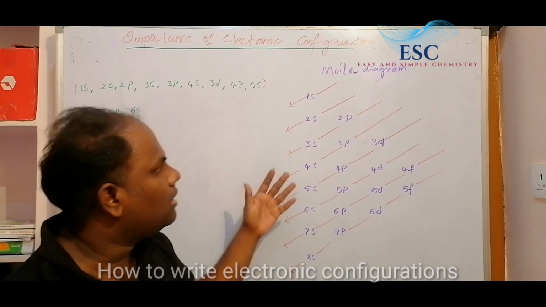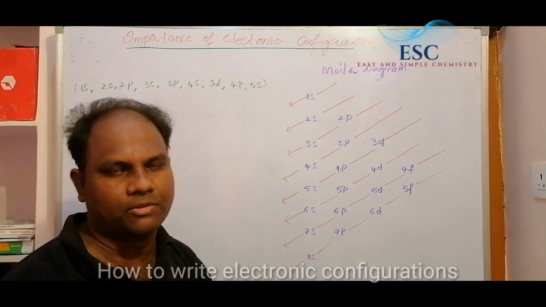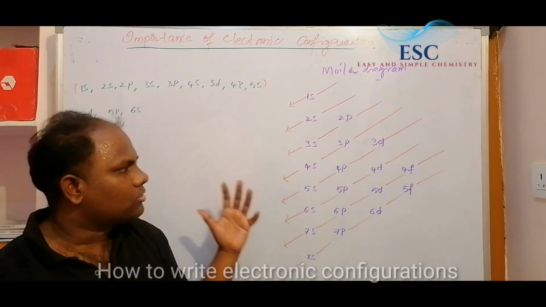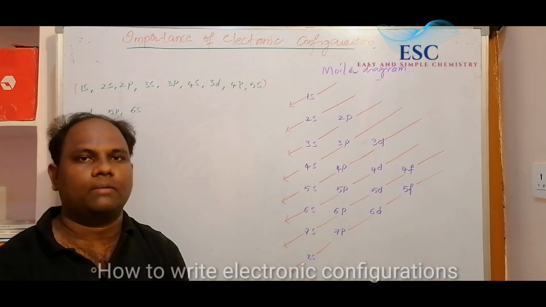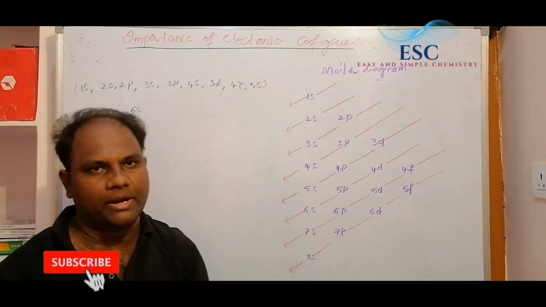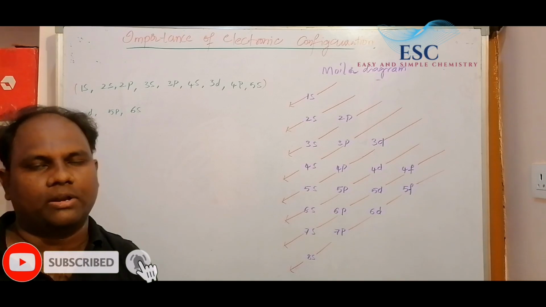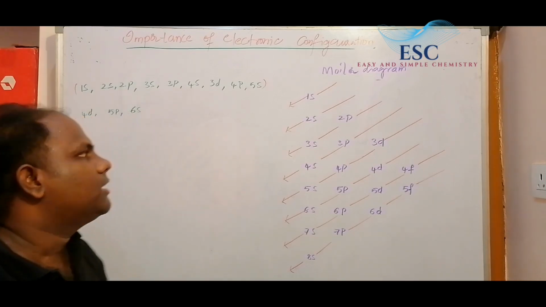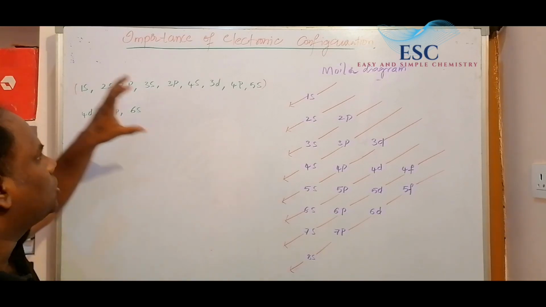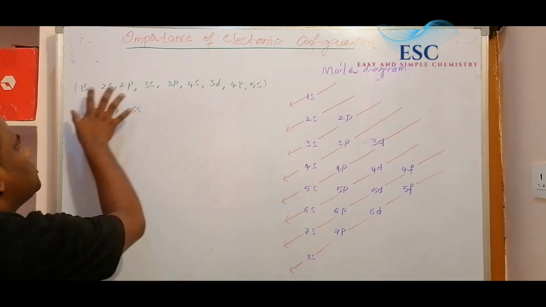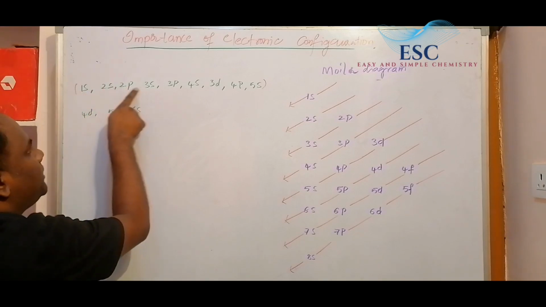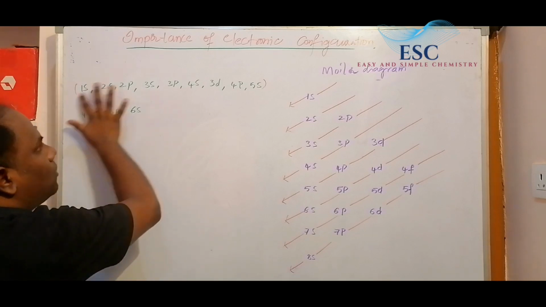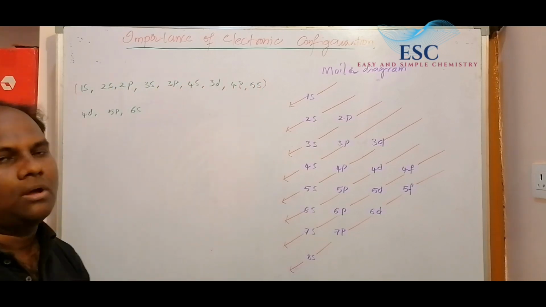We already know the molecular diagram from our previous classes, 9th or 10th class. The electronic configuration should be written using the molecular diagram, but every time we don't write the whole diagram because it takes so much time. We shortcut the total diagram like this: the series 1s, 2s, 2p, 3s, 3p, 4s, 3d, 4p and 5s, a total of 9 orbitals.